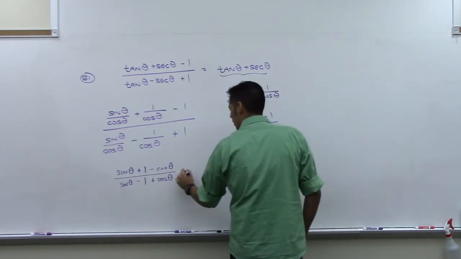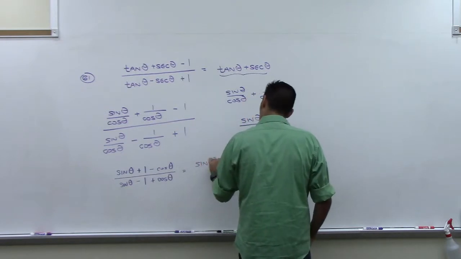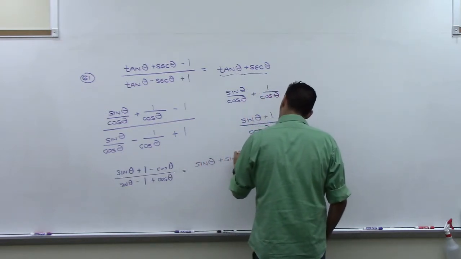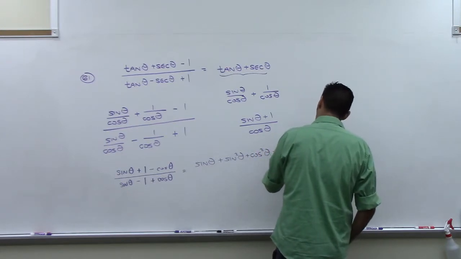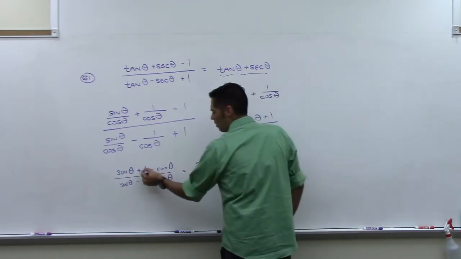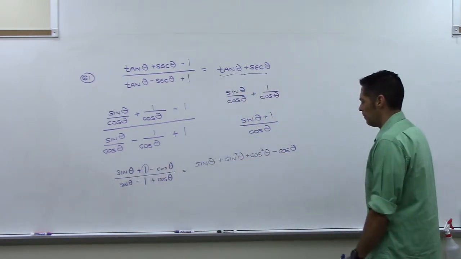This is going to be very unnatural, but let me see this. Sine theta plus sine squared theta plus cosine squared theta minus cosine theta. So what I did is I rewrote this 1 as sine squared theta plus cosine squared theta.